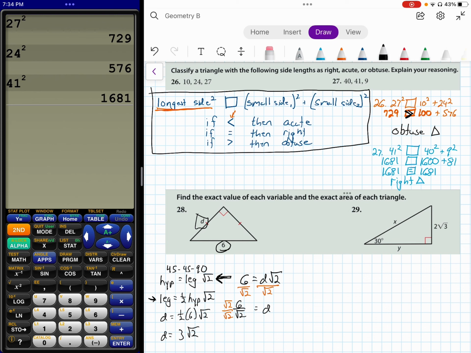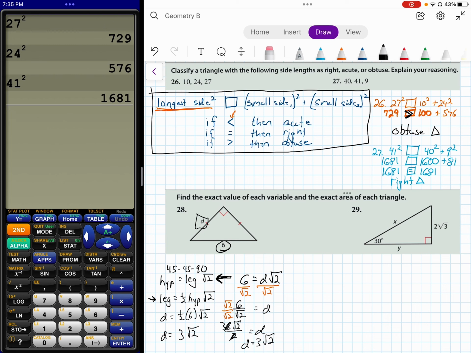The reason we do that in the denominator, square root of 2 times the square root of 2 is just 2. In the numerator, we have 6 times root 2. That reduces, and we get d is equal to 3 times the square root of 2. So that was a review of 45, 45, 90.